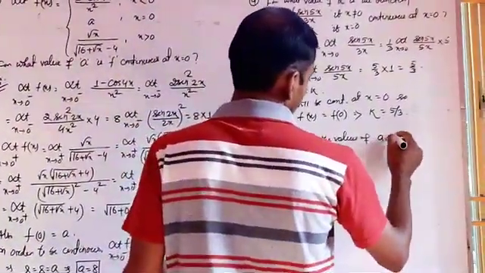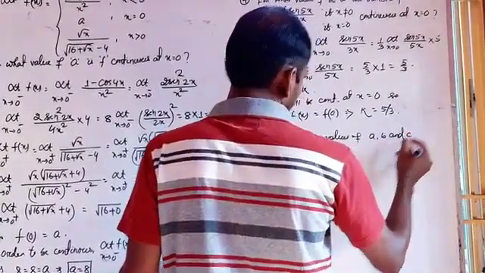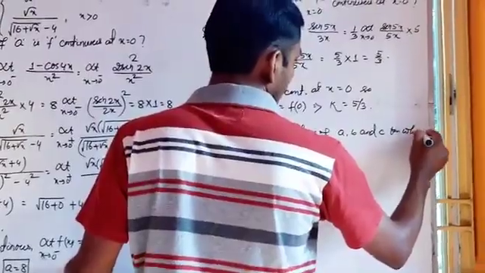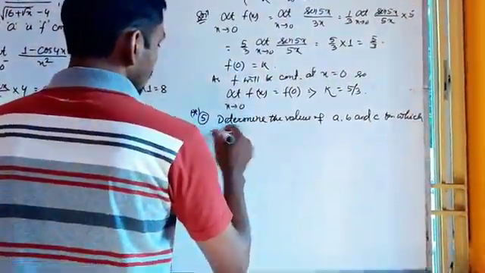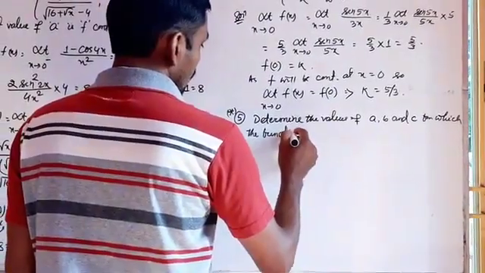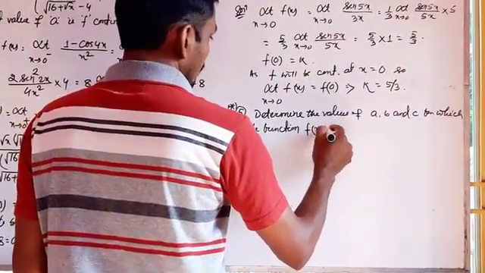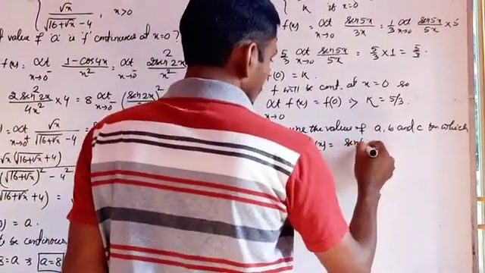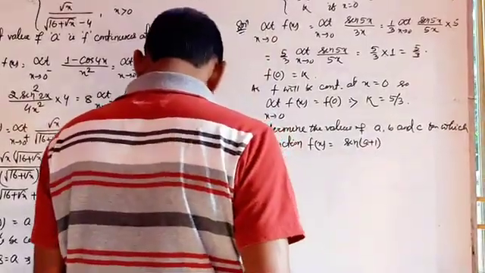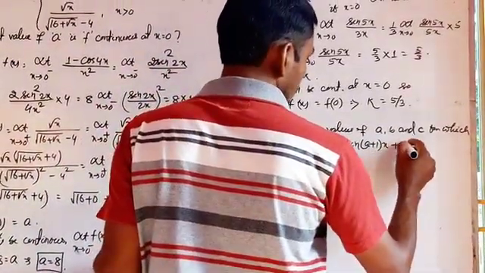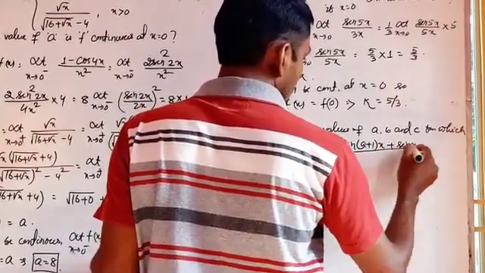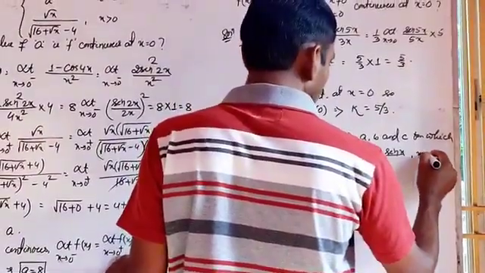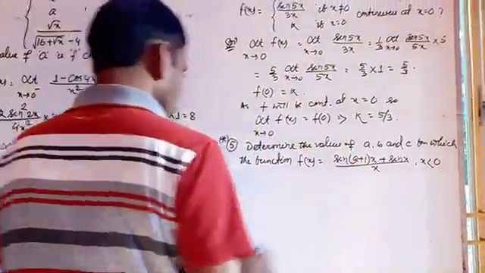Of A, B and C, for which the function f of x equal to sin of (A plus 1) into x plus sin x, whole divided by x, when x is less than 0.